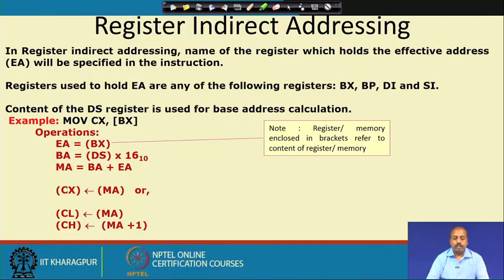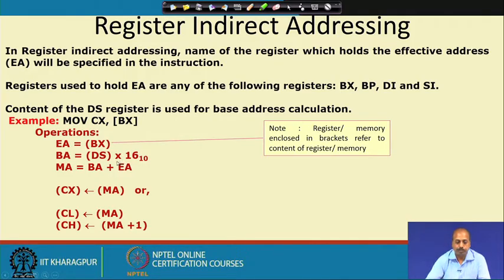Then register indirect addressing mode. Here the offset part is contained in some register, like say MOV CX, [BX]. So, BX content will be used as the offset. This effective address is the content of the BX register, and the base address is the DS register multiplied by 16, plus this effective address.